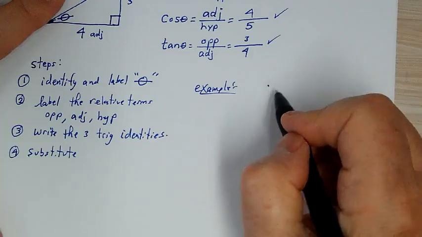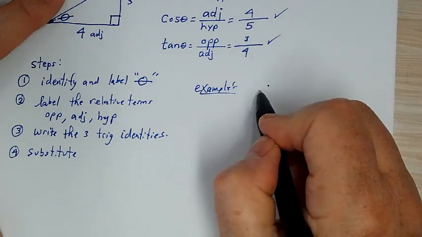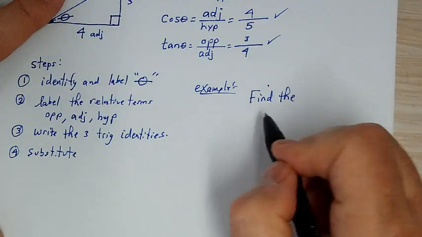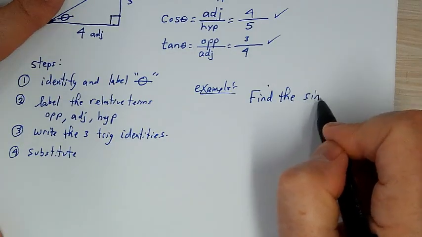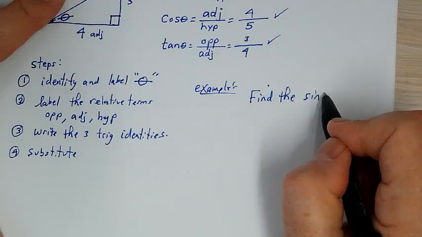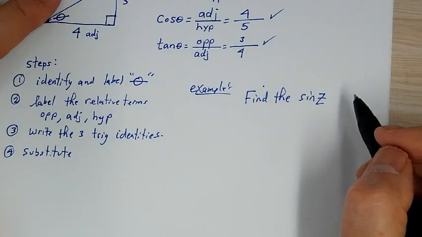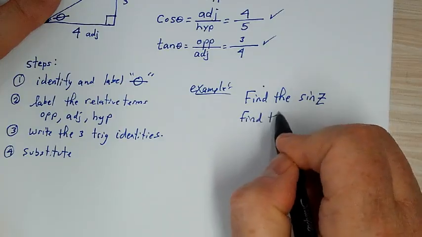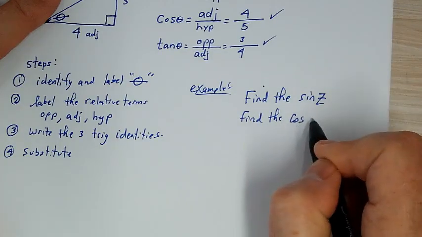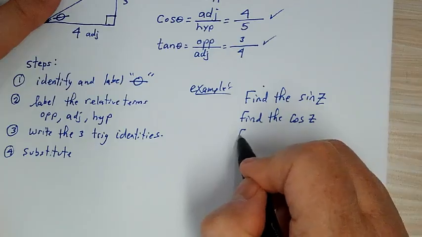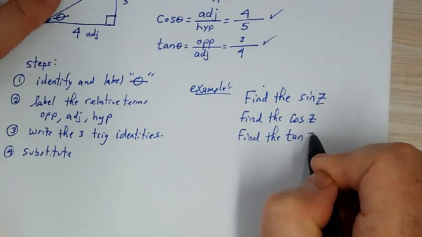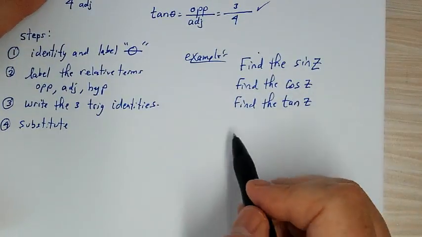I might say, find the sine of angle Z. I might think, find the cosine of angle Z, and maybe find the tangent of angle Z. And supposing my triangle looks like this.